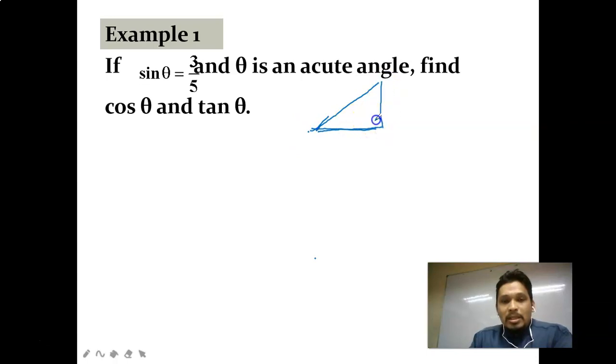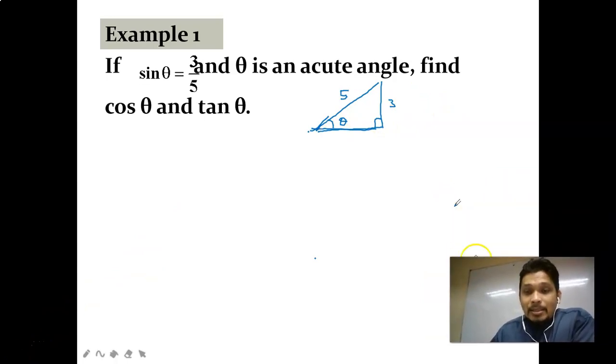So this is a 90 degree right angle, and let's say this is theta. So sine theta equals 3/5, opposite 3 divided by hypotenuse, which is 5. Please refresh your knowledge about this.